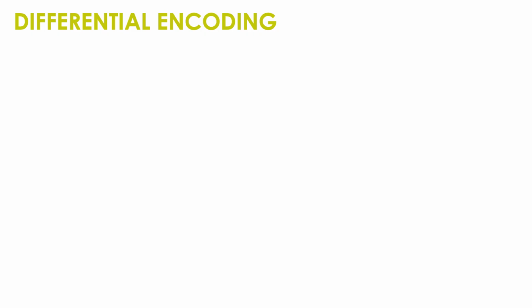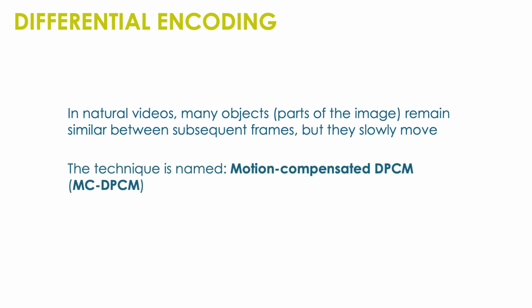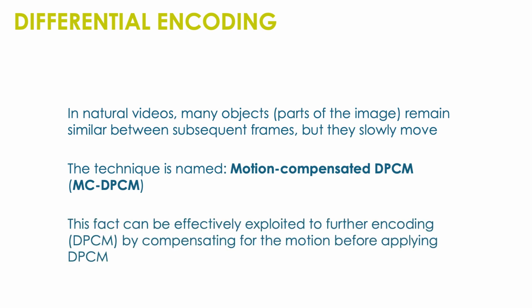However, we can improve this method. In fact, in natural videos, many objects remain similar across frames, but move slightly. So this brings to a new method called motion compensated DPCM, also said MCDPCM, that accounts for this by detecting and compensating for object motion before applying DPCM.